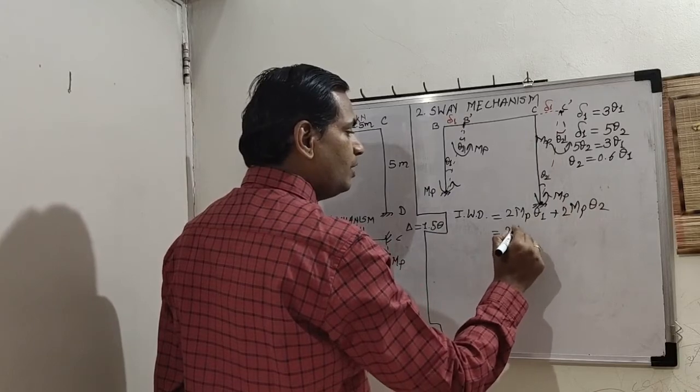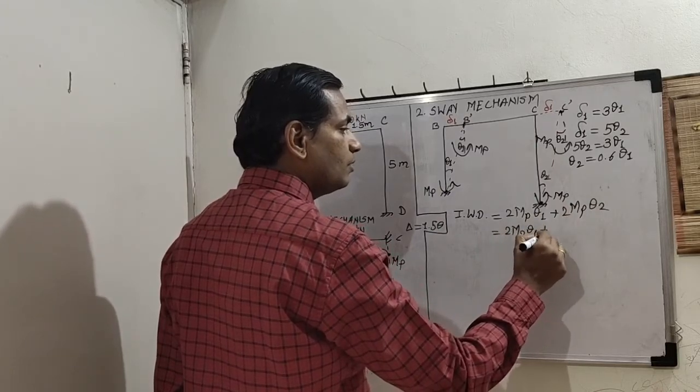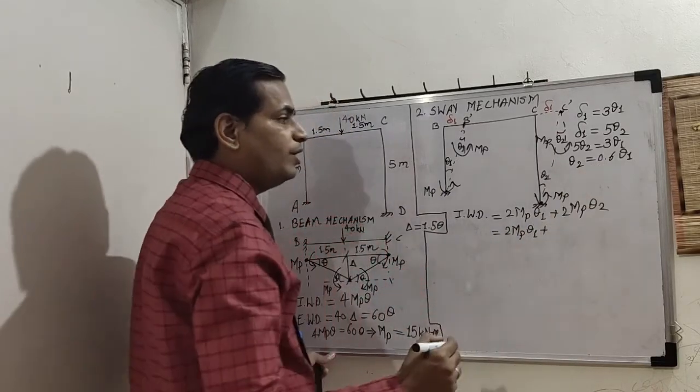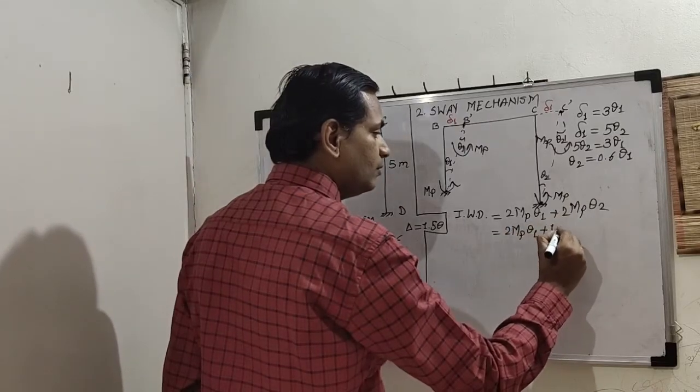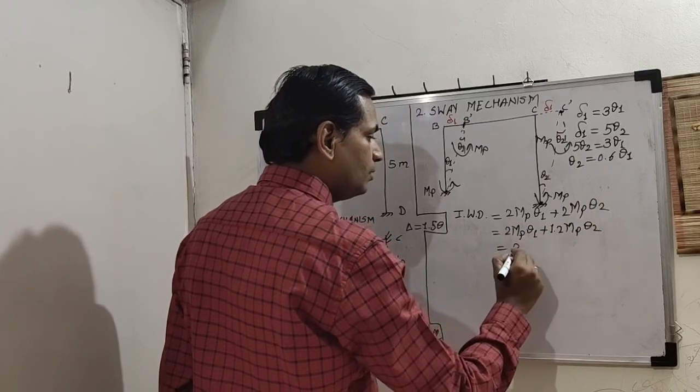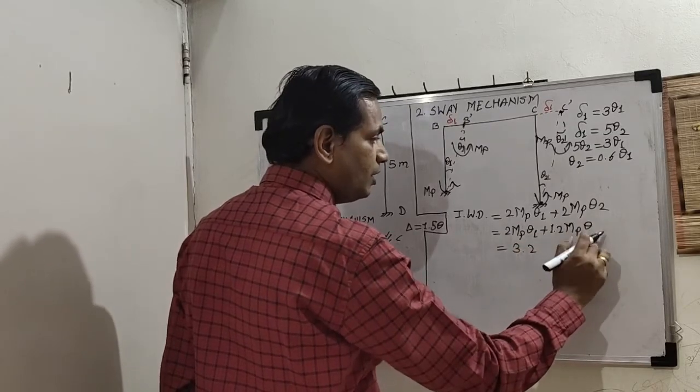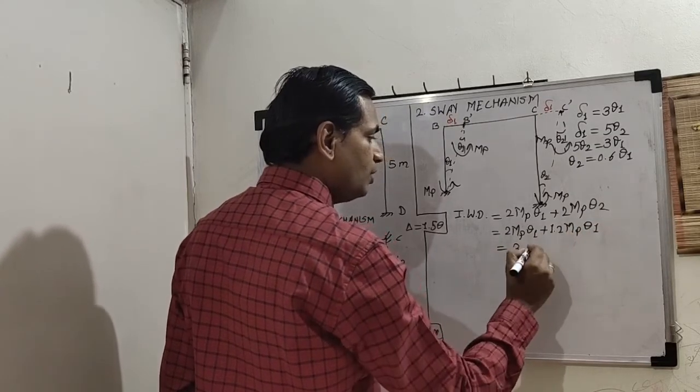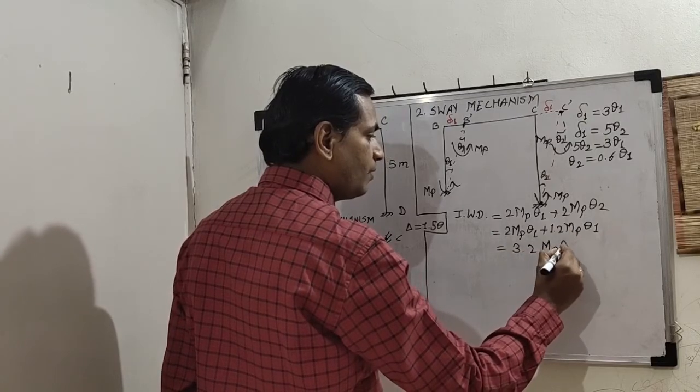So 2 MP theta 1 plus 2 into 0.6 is 1.2, 1.2 MP theta 2. Total 3.2, sorry, this is theta 1. Total is 3.2 MP theta 1.